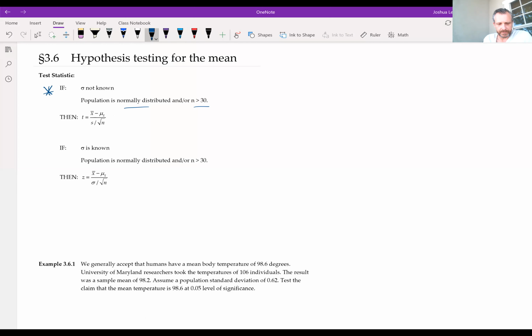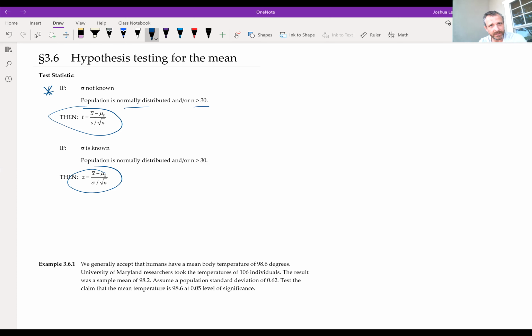There's what our test statistic will look like. And then if we do know sigma, then of course we'll be using z's. So t-scores if we don't know sigma, z-scores if we do. But other than that, the process is the same. Again, these individual formulas change, but the big picture is the same.